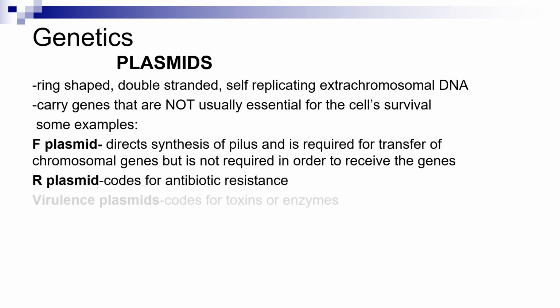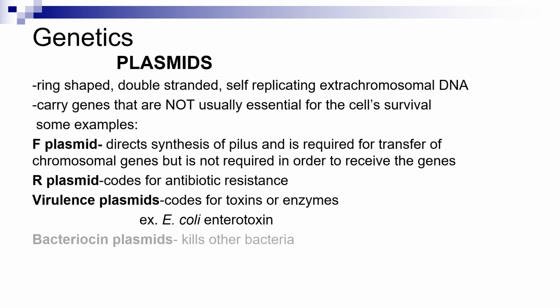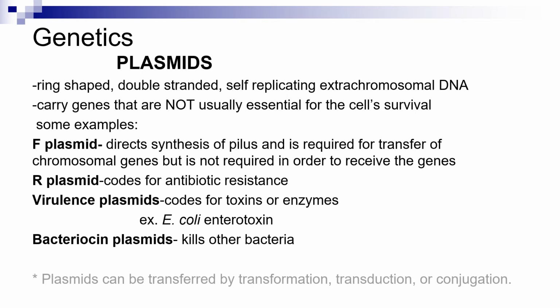And that leads us to talking a little bit about plasmids, because plasmids are one of the ways that we actually send DNA to other places. Okay, plasmids are a ring-shaped, double-stranded piece of DNA that is self-replicating. It is not incorporated into the chromosome of the bacteria.